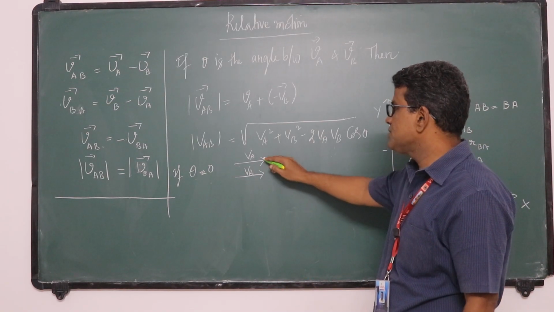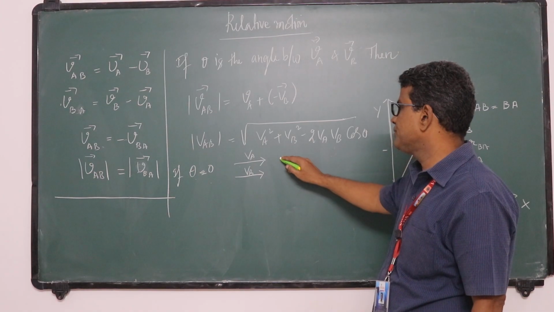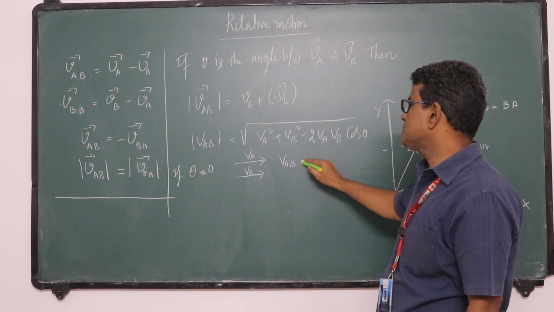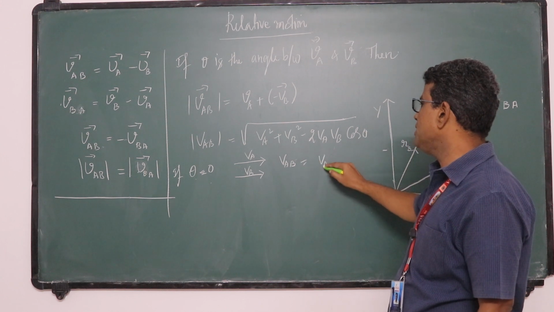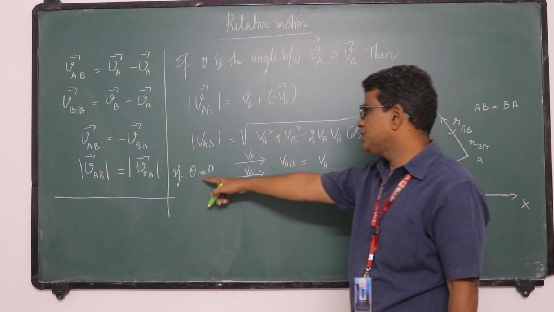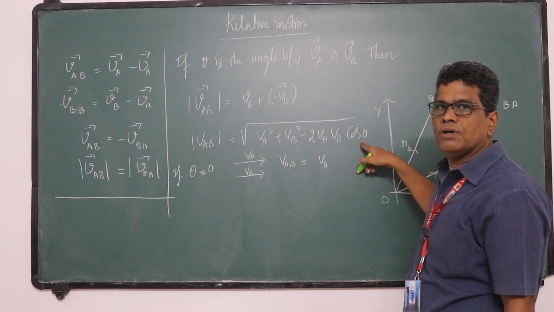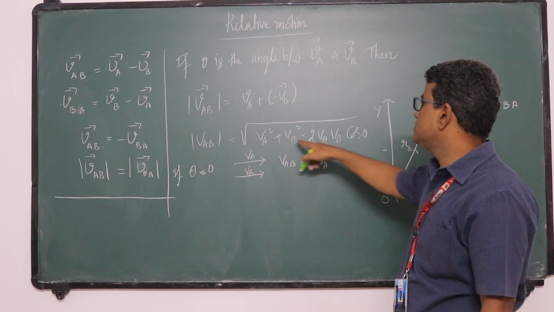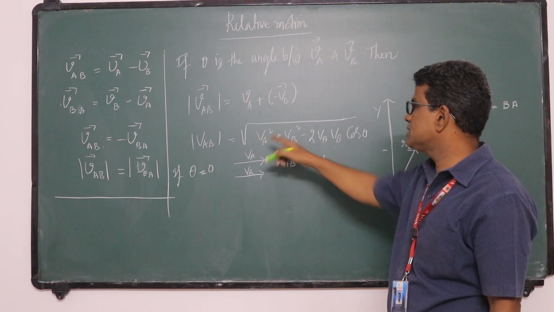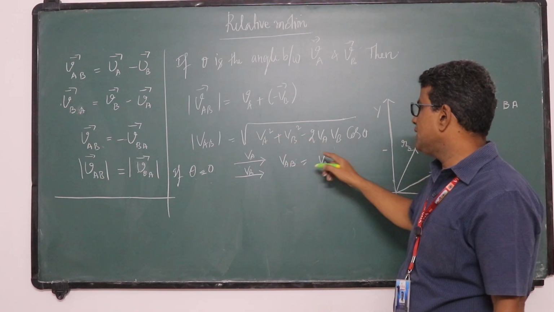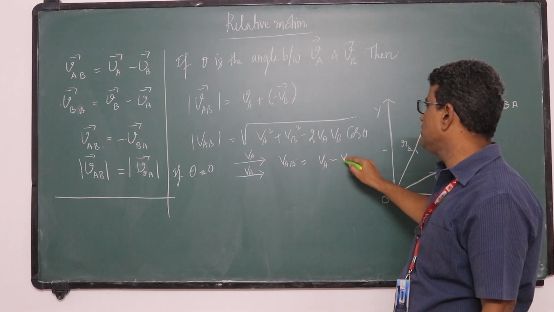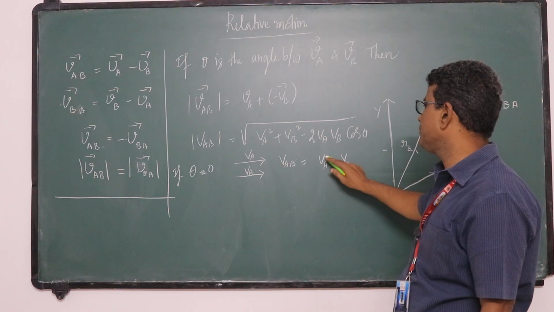I want the velocity of A with respect to B, VA minus VB. What is its magnitude? You substitute theta as 0, cos 0 is 1. So you will get VA square plus VB square minus 2 VA VB, that is VA minus VB whole square under the square root. So you will finally get VA minus VB.